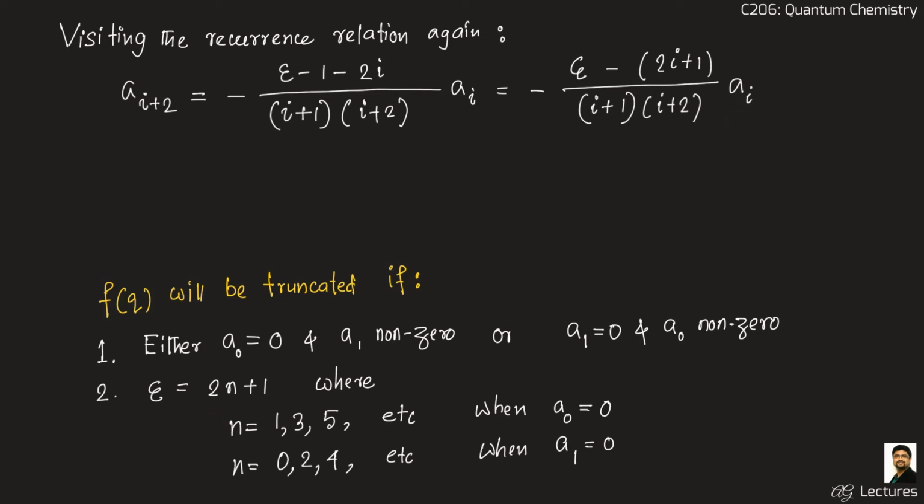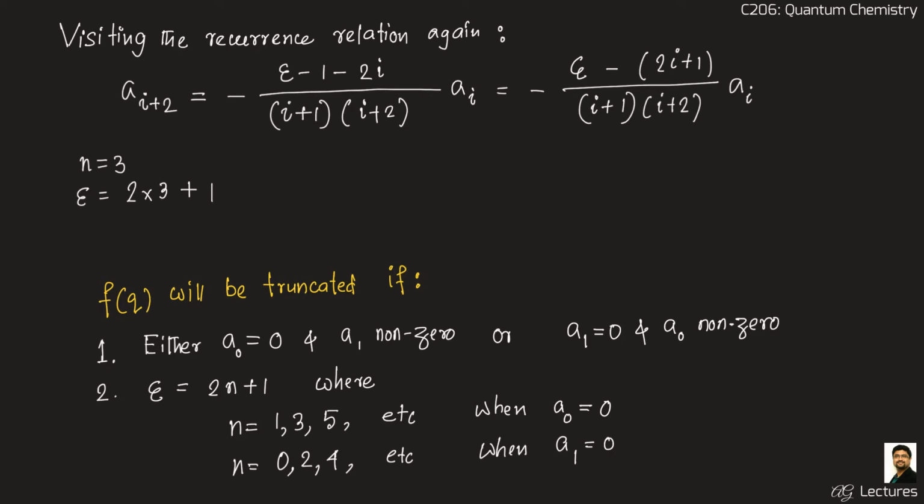So let's take one example to check what is happening. Suppose n is 3. So we get n equal to 3. That makes epsilon equal to 2 multiplied by 3 plus 1.